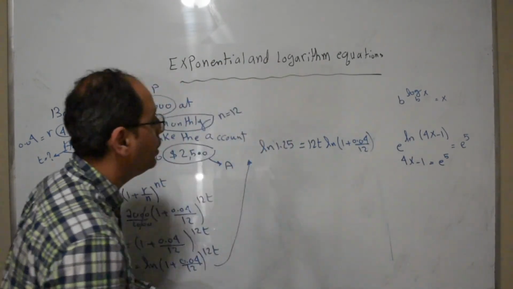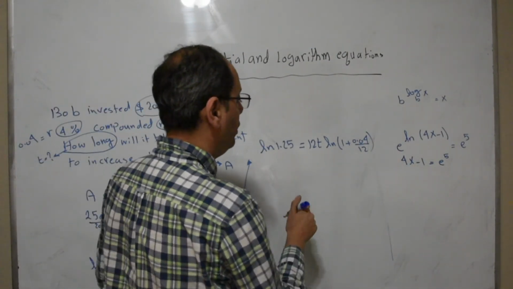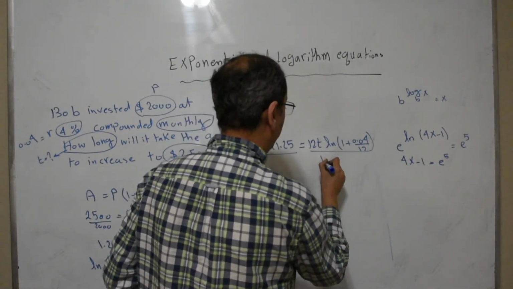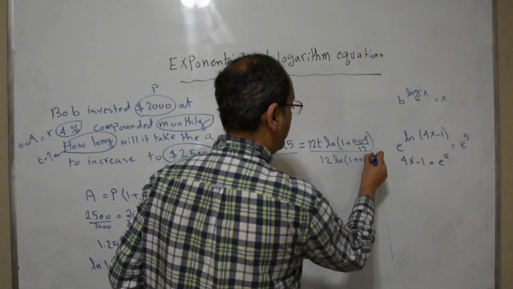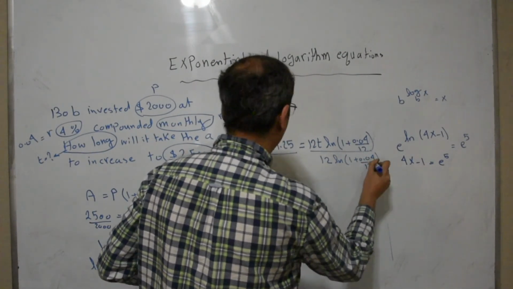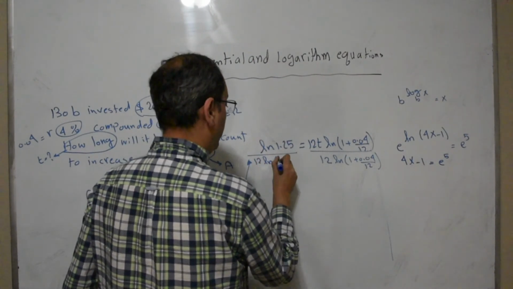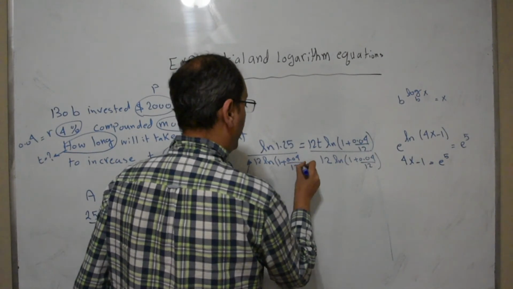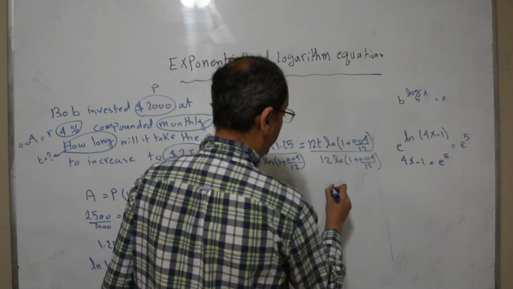Now divide by everything but t. So I divide by 12 times the natural log of 1 plus 0.04 over 12, the same thing on both sides, and now everything cancels out here but t.